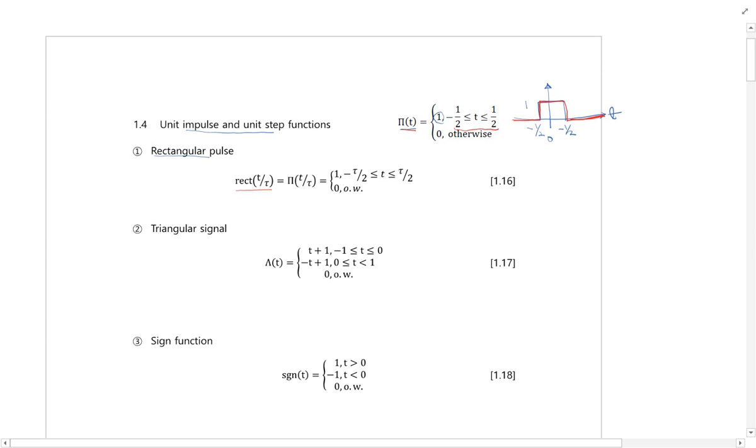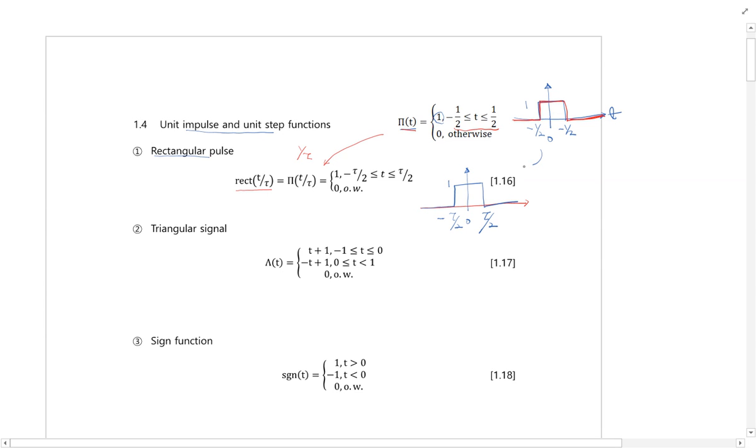So what about this one? In this case, the time is scaled by 1 over tau. The pulse shape looks like this: 1 and back to 0. This is 1, but in this case the edges are at minus tau over 2 and tau over 2.